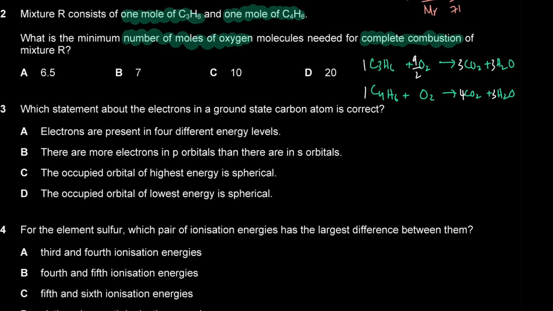So that would be 11 over 2 O2. 11 oxygen atoms would mean 11 over 2 O2, right? The number of moles of oxygen we need is 9 over 2 plus 11 over 2, which is 20 over 2 or 10. Okay, this is 4.5 plus 5.5, which gives us 10 moles of oxygen.